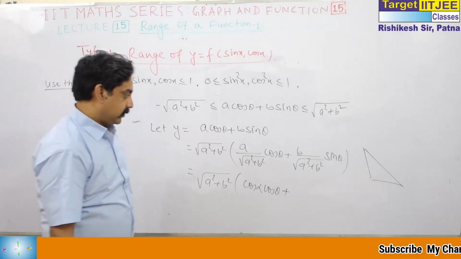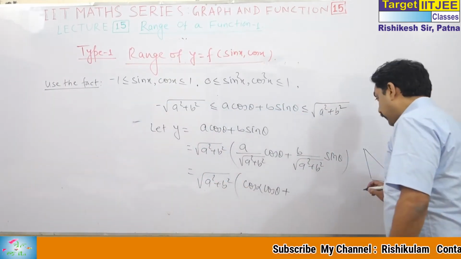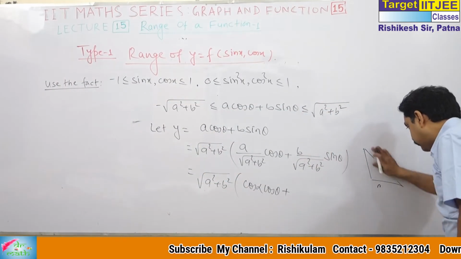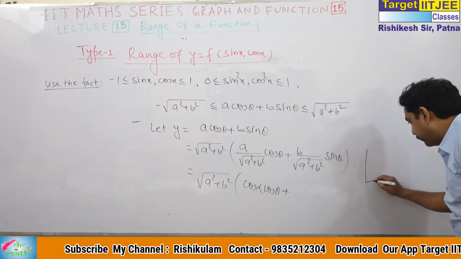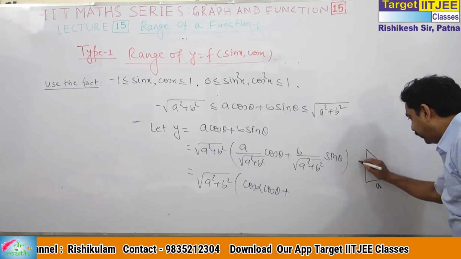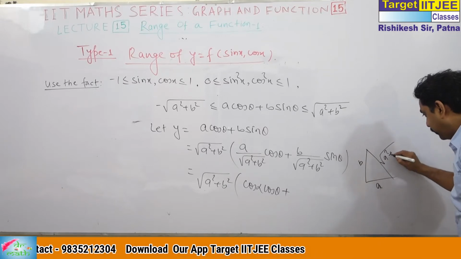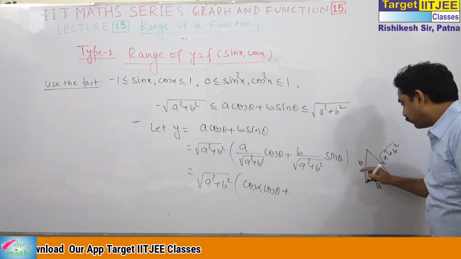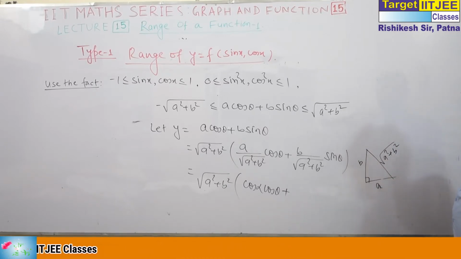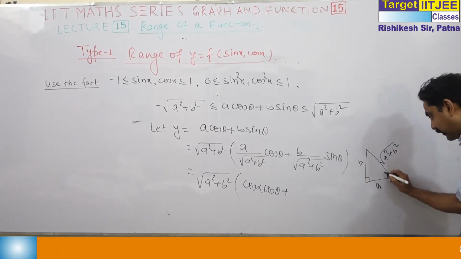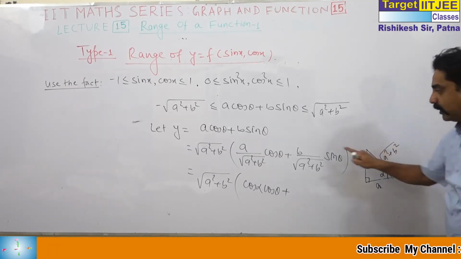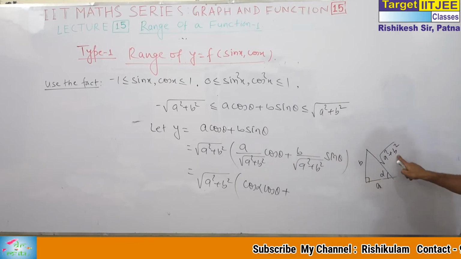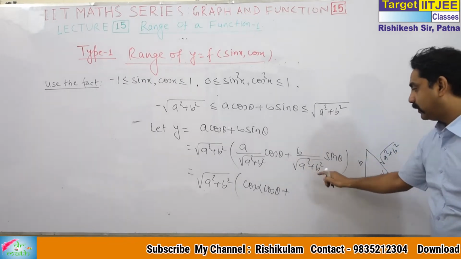You can see, if this is a right triangle, then a, b and root over a square plus b square are sides of a right triangle. If you take this angle as alpha, then a by this is cos alpha, and b by this is sin alpha.